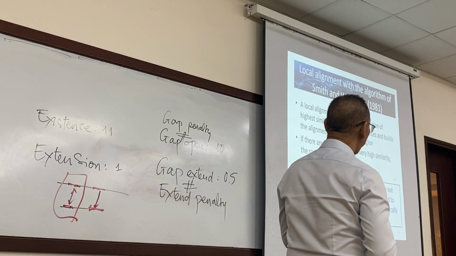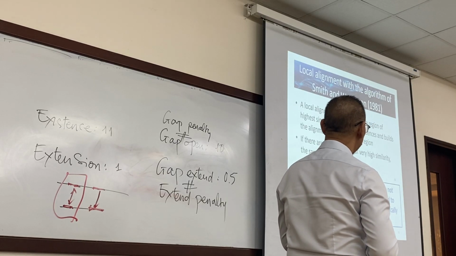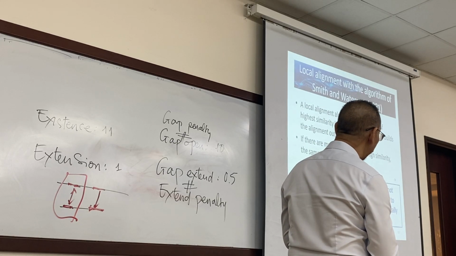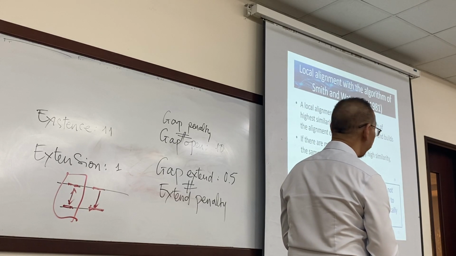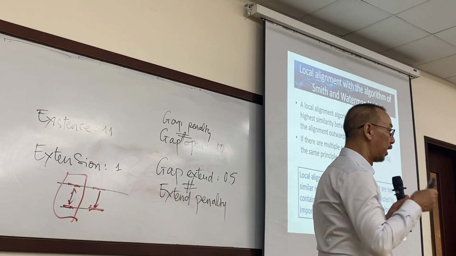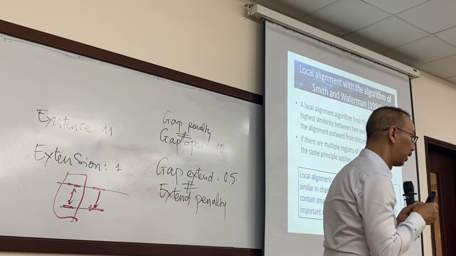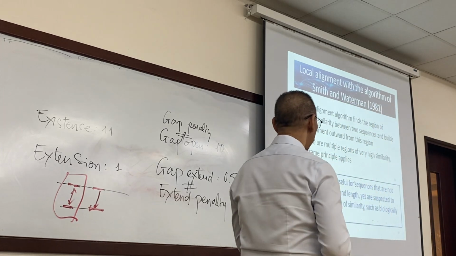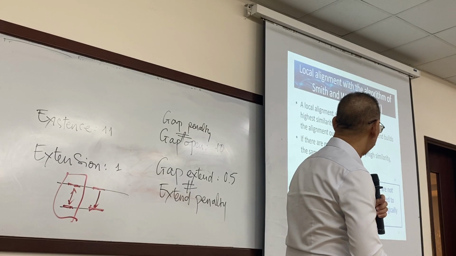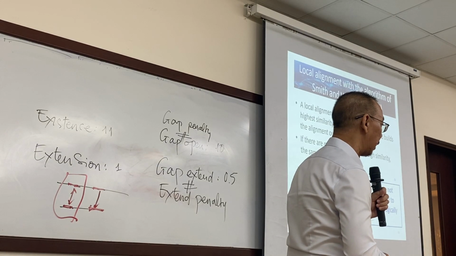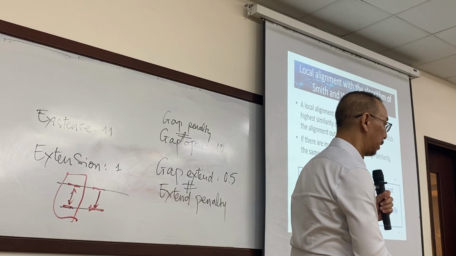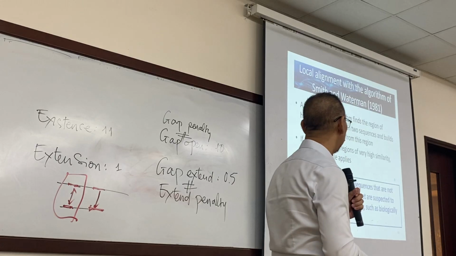If there are multiple regions of very high similarity, the same principle applies. We divide into many subsequences and compare each subsequence. Local alignment is useful for sequences not similar in character and length. When two sequences are of unequal length, you should apply local alignment rather than global alignment.